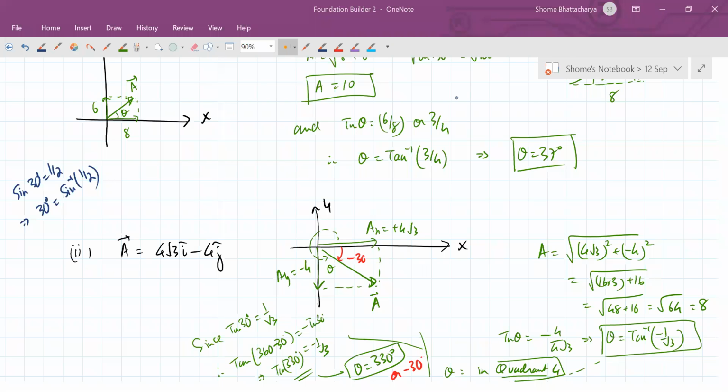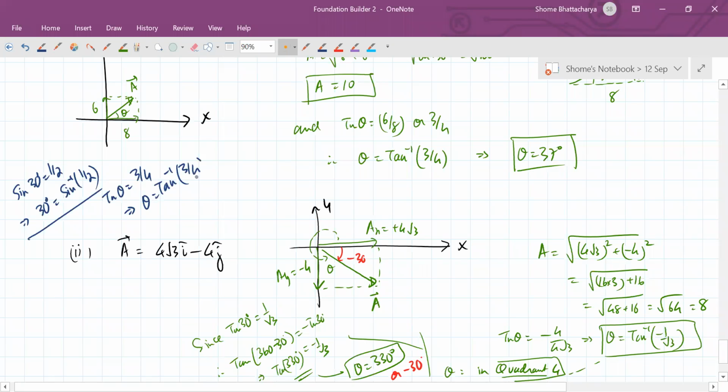So like that, if we say that tan theta is 3 by 4, it's the same thing as saying that theta is tan inverse of 3 by 4. Or here, if we say tan 30 degrees is 1 by root 3, same thing as saying that 30 degrees is tan inverse of 1 by root 3. So all these kind of things.